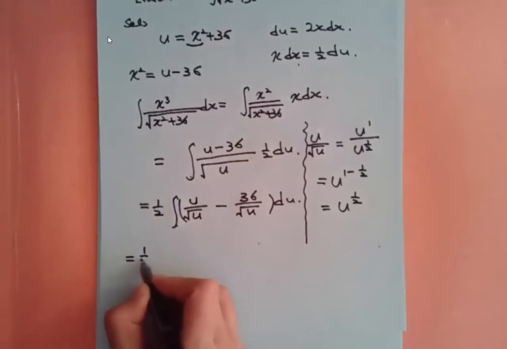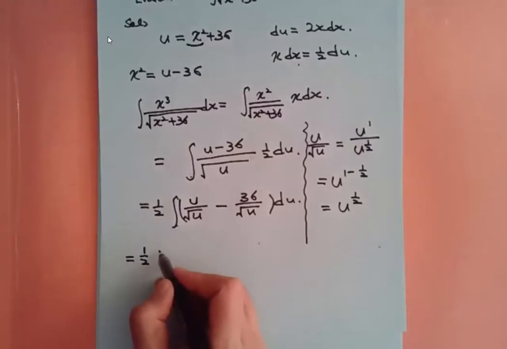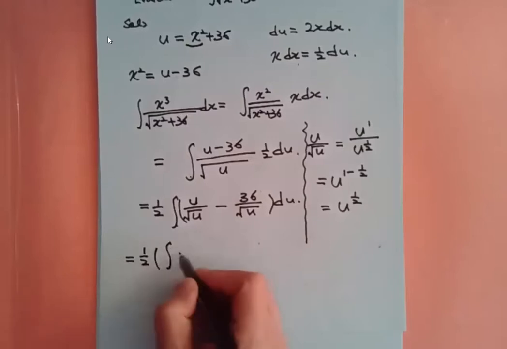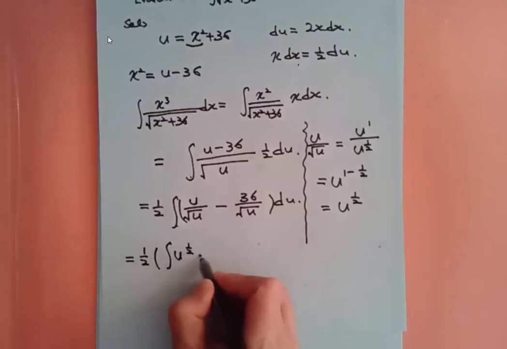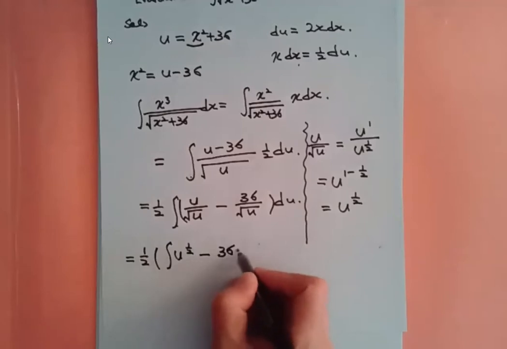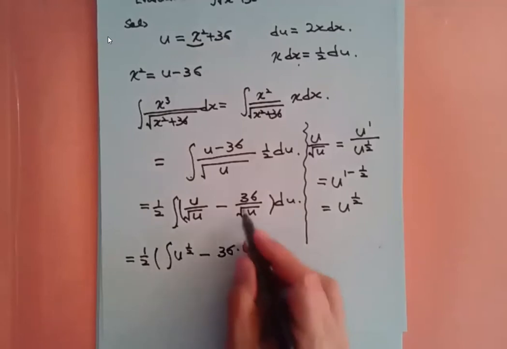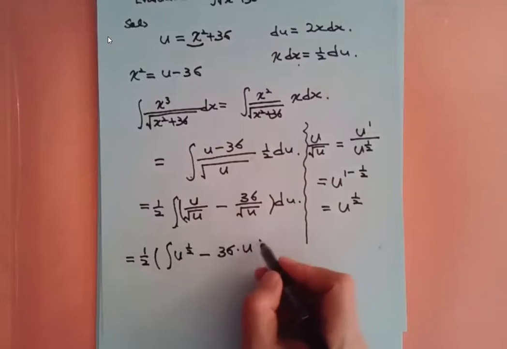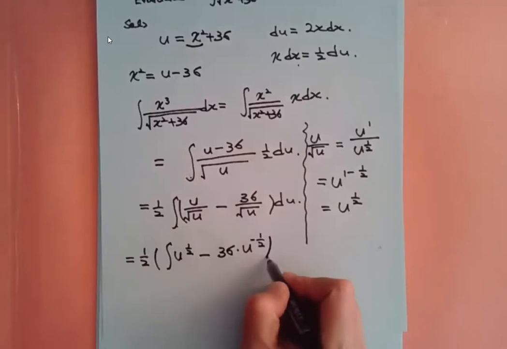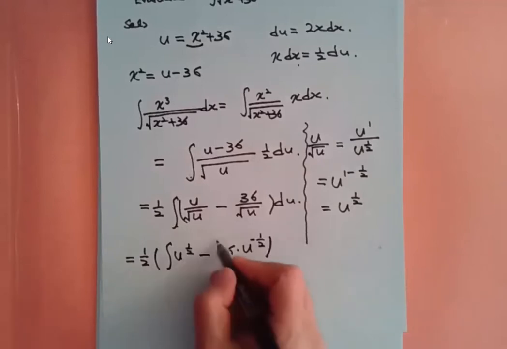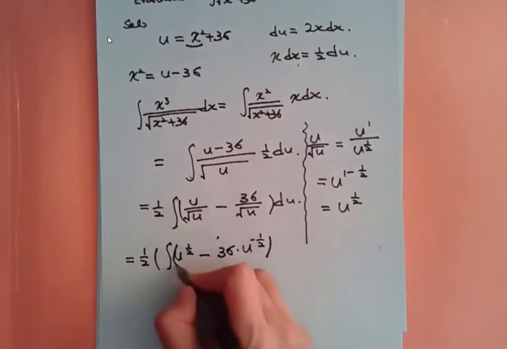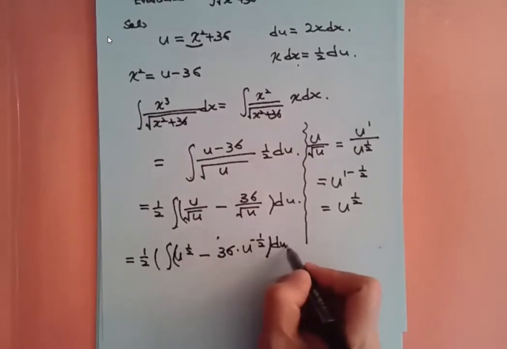So the first term is u to the 1/2 power minus 36 times u to the, this time square root of u is in the denominator and square root is 1/2 power. So that becomes minus 1 over 2 power. du.